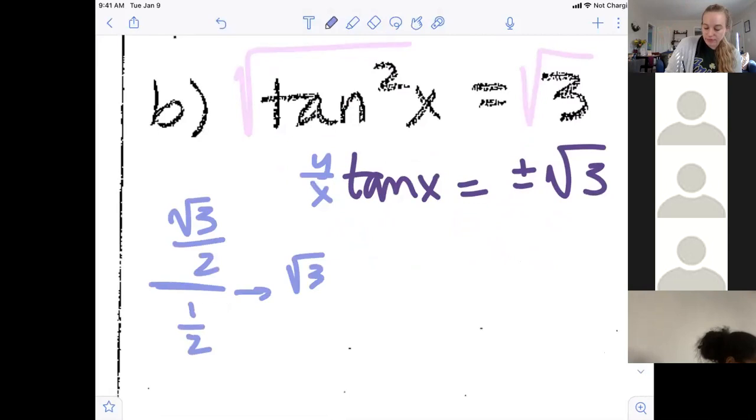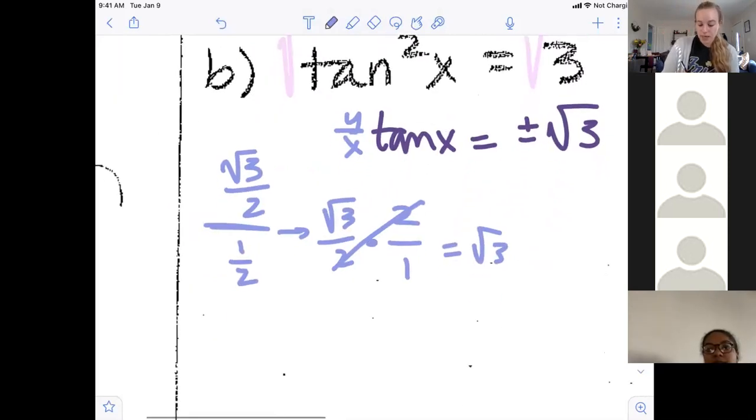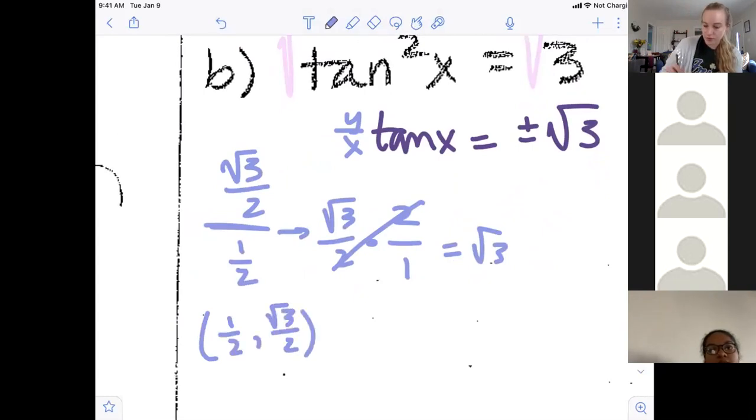If you simplify that, root 3 over 2 times reciprocal 2 over 1, that gets just root 3 by itself. So I'm essentially on my unit circle looking for the point 1/2 comma root 3 over 2.